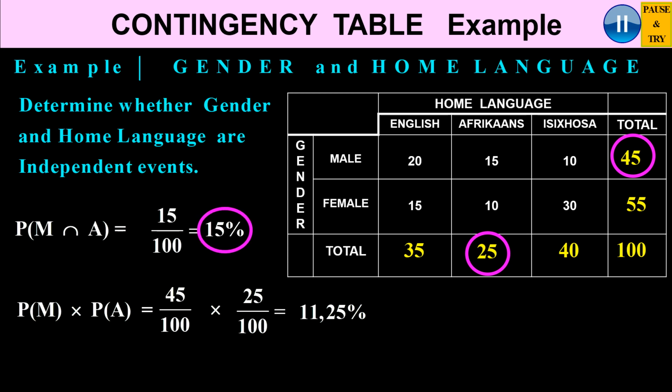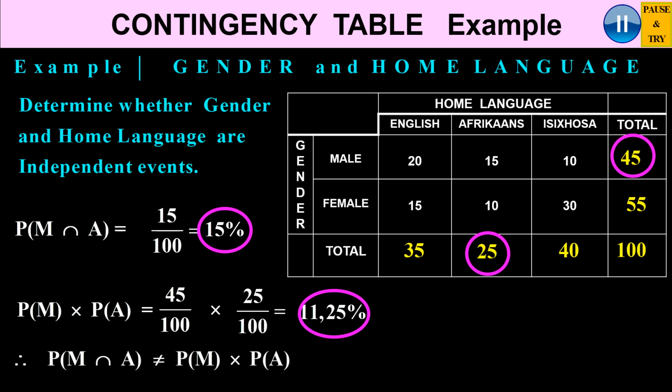So now we notice that the 15% and the 11.25% are not the same. Therefore we can deduce that the probability of M and A is not equal to the probability of M times the probability of A. In other words, the product rule for independent events doesn't apply here. So therefore they are not independent events.